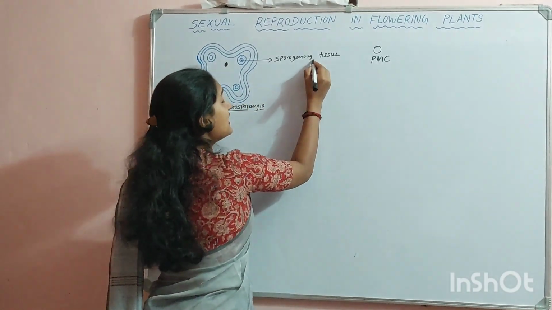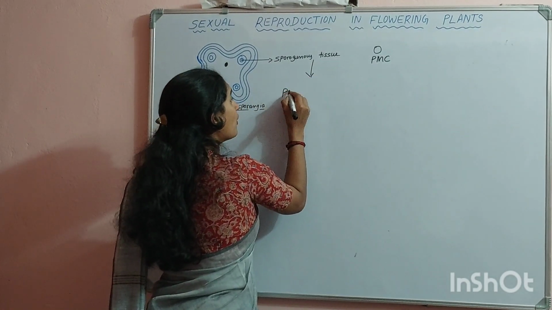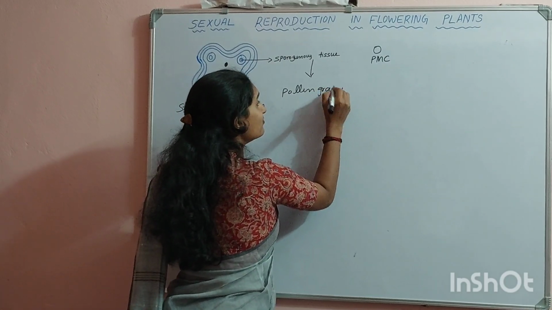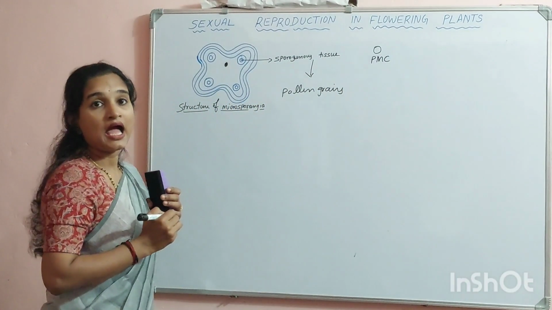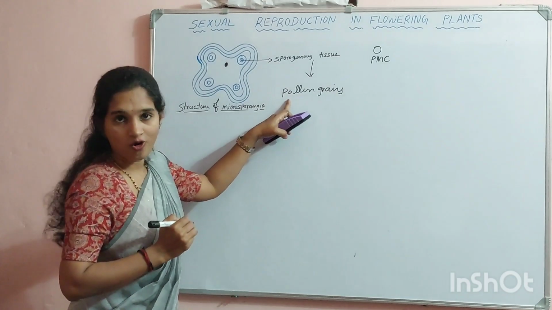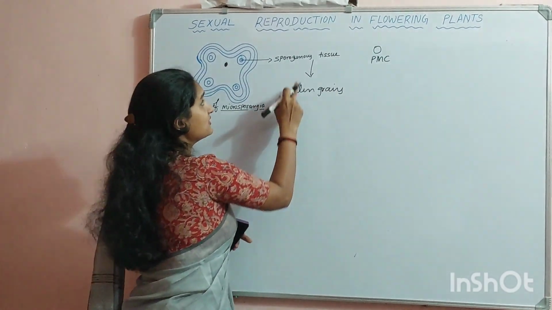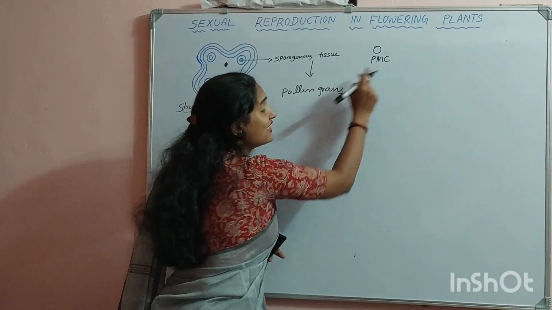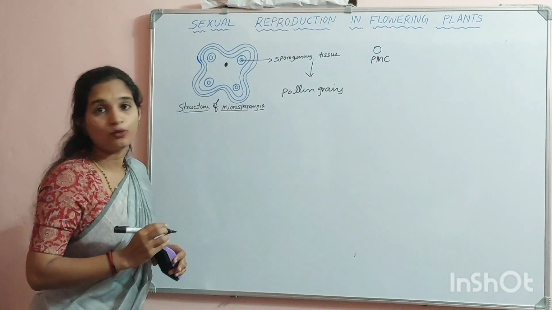Sporogenous tissue is responsible for the development of pollen grains. The process of formation of pollen grains from the sporogenous tissue or pollen mother cell is called microsporogenesis.